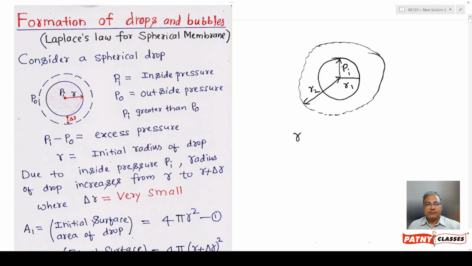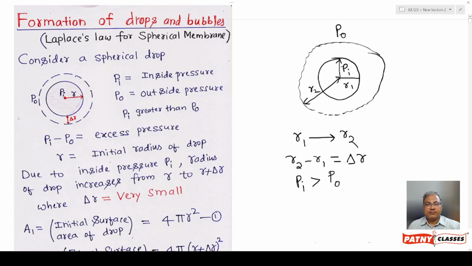So radius increases from R1 to R2. R2 minus R1 is delta R, the increase in the radius of the drop. Inside pressure is Pi and outside pressure is Po. One more important point: inside pressure is greater than outside pressure. Therefore, the drop is assumed to be increasing in size.